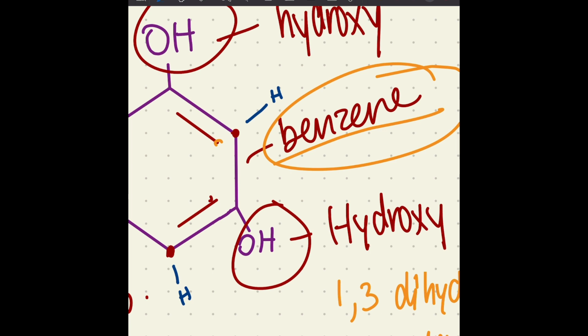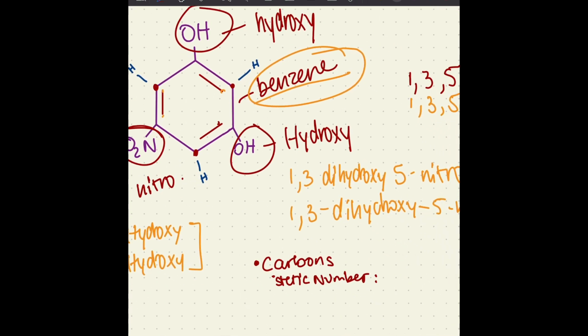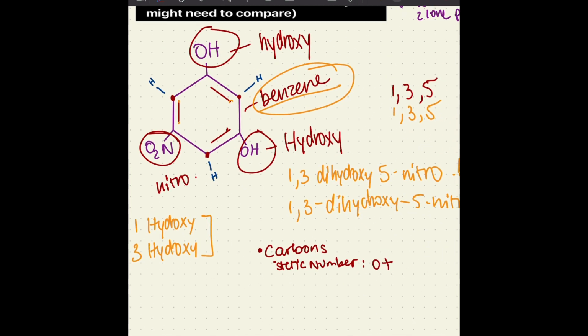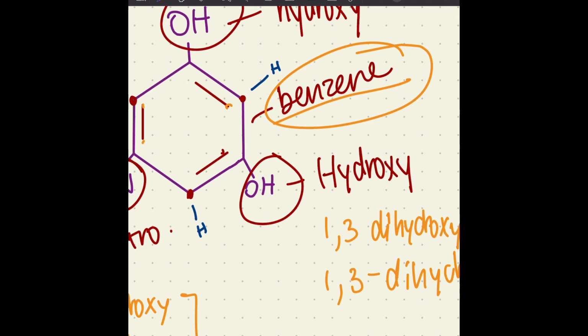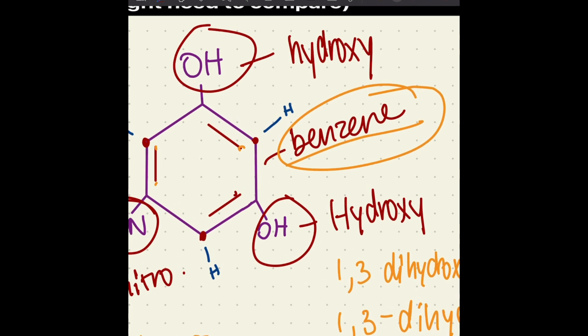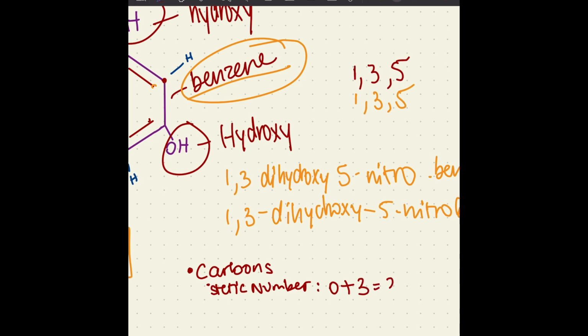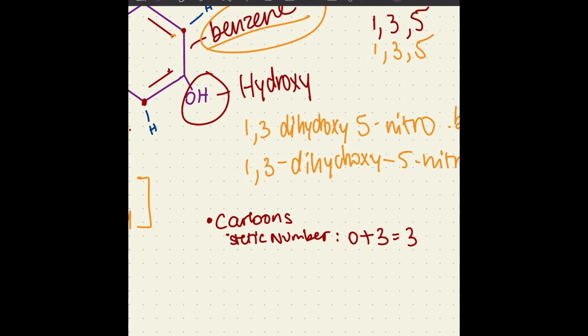It has 0 lone pairs, so it's 0 plus the carbon on top, the carbon on the bottom, and the hydrogen. So it's 0 plus 3. So it gives a steric number of 3.